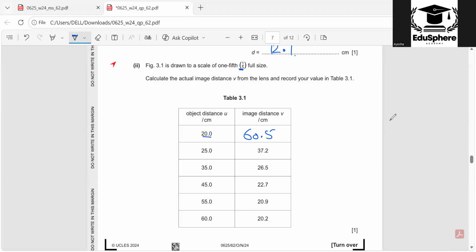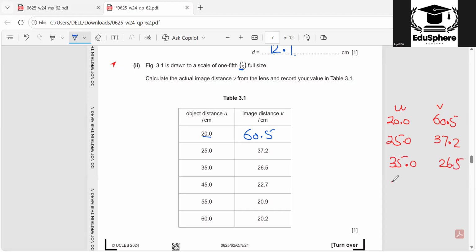I'm writing them here for 20.0. These are all the values of u and these are the values of v. So it's 60.5. For 25.0, the value is 37.2. For 35.0, it's 26.5.